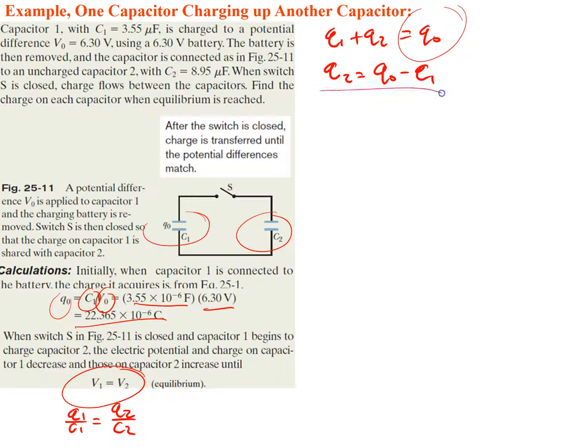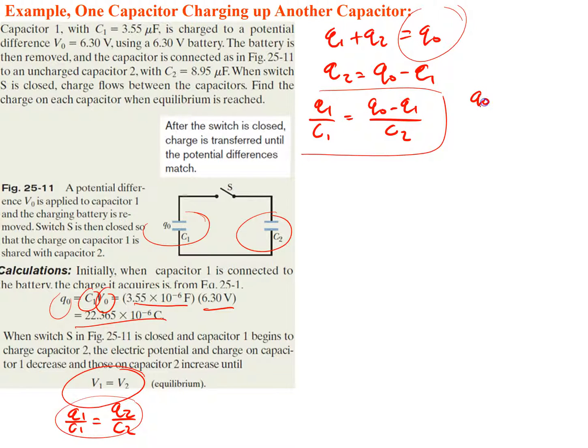Now I take this result and plug that back into our equation, and you see that Q1 over C1 is now equal to Q0 minus Q1 over C2. Now, all I really need to do is solve for Q1. With a little bit of algebra, we can get there. First, we're just simplifying this.